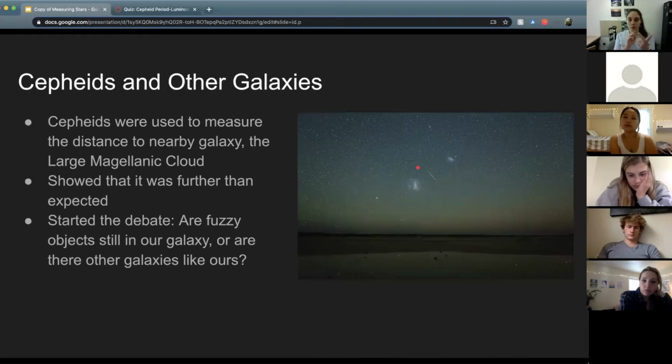Cepheids are a little brighter, so we can get slightly further objects. We can get distances to slightly further stellar clusters, ones that might not have parallax shifts, but do have Cepheids, and we can measure these periods and compare the apparent magnitude, the magnitude of the Cepheid we see, with the absolute magnitude that we can determine using the Cepheid period-luminosity relationship.